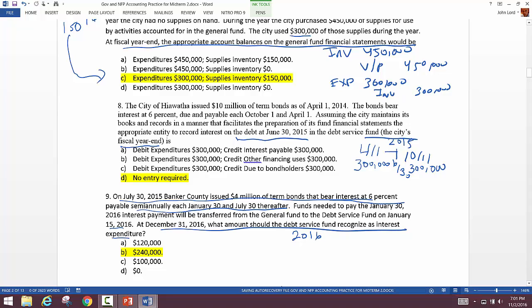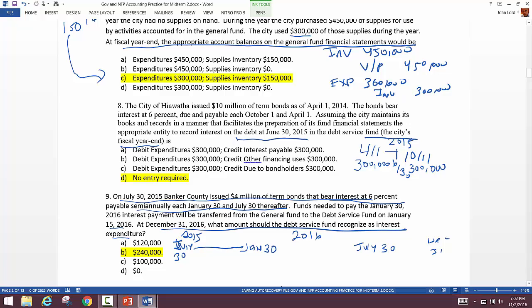Okay, and in 2016, they're going to make an interest payment on January 30th. And then they're going to make another interest payment on July 30th. And then we have December 31st as the year end. Right? So, if they issued the bonds on July 30th, 2015, then 6 months went by here, didn't it?